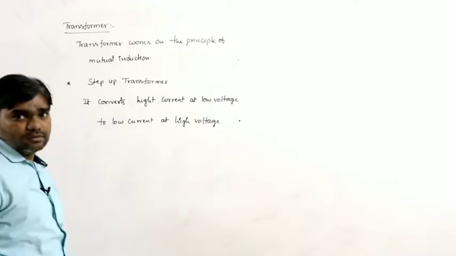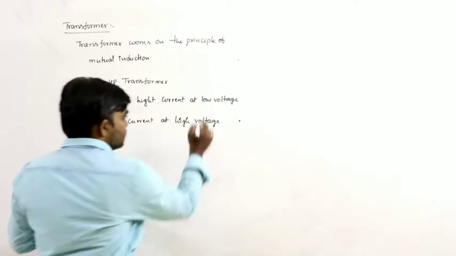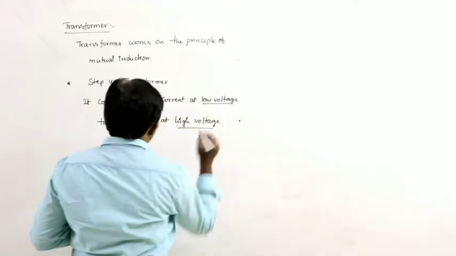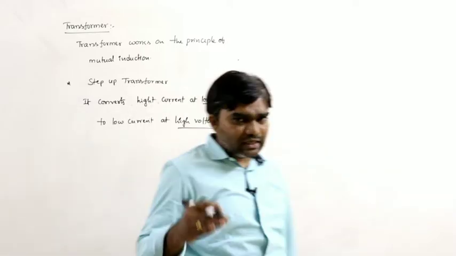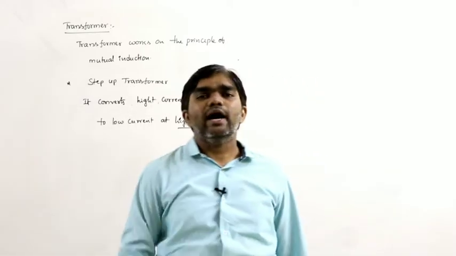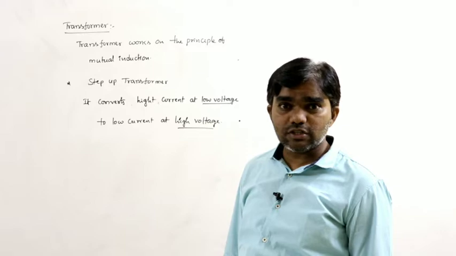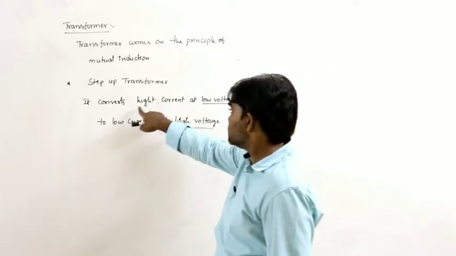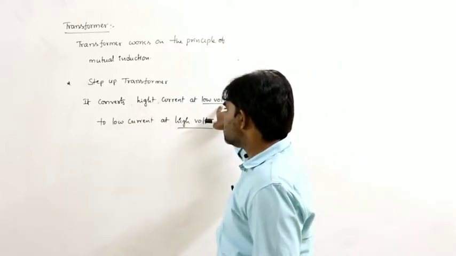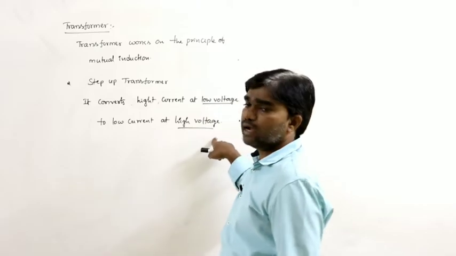Here we mainly consider the voltages. So a step up transformer converts low voltage to high voltage. That means high currents at low voltage become low currents at high voltage.